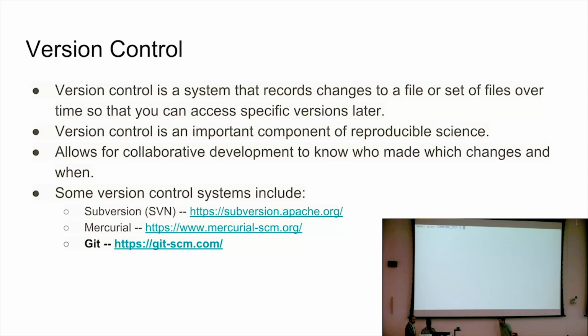So you can have your own version and experiment with that, and then share whatever part that you want with your collaborators. So some version control systems include Subversion, or more commonly known as SVN, which was published back in 2004. There's Mercurial, which was published back in 2005, and then there's Git, which is what we're going to be talking about today.